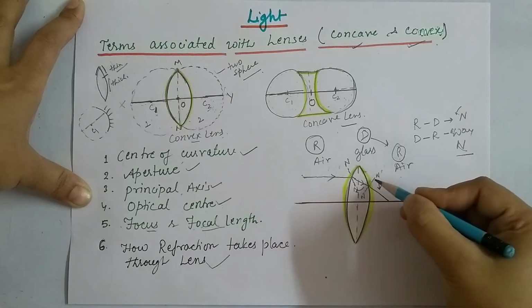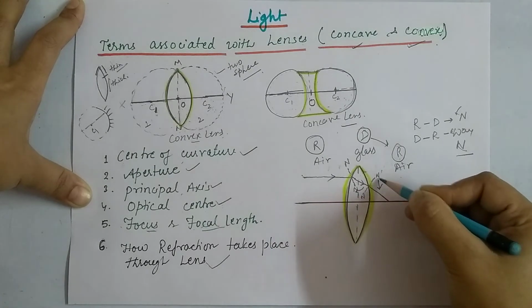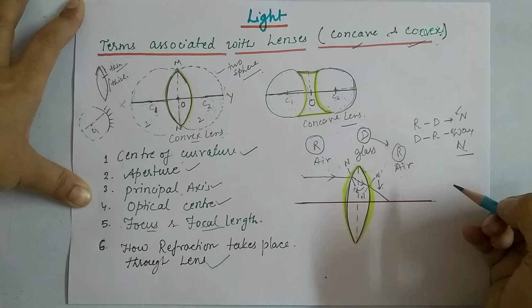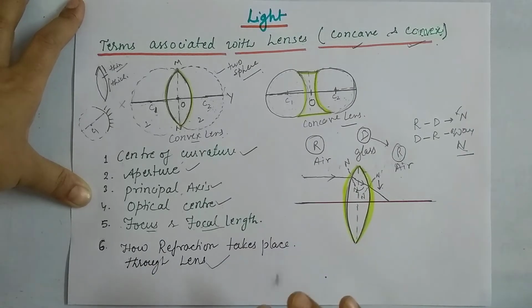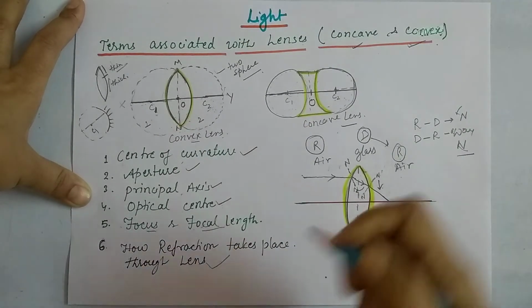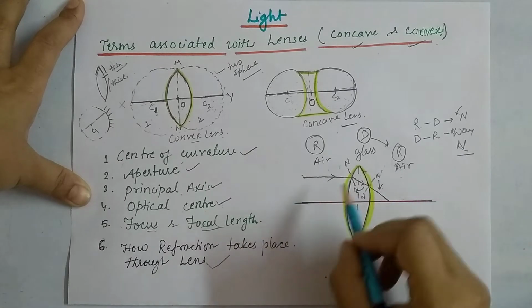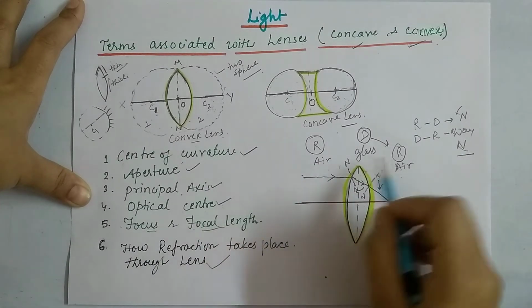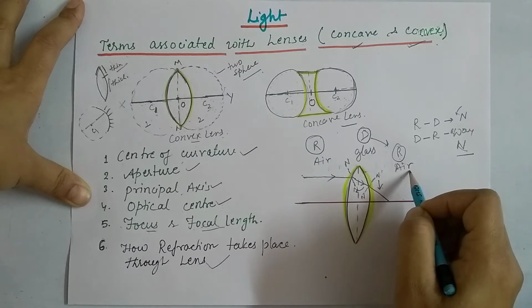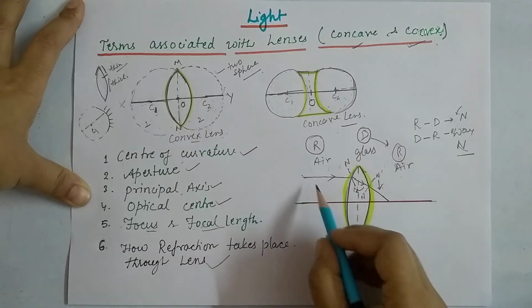So you are able to see here that this light ray is away from the normal. So in this way the refraction takes place. Refraction in the lens takes place because outside it is air medium, glass medium and air medium. So in this way the light moves.